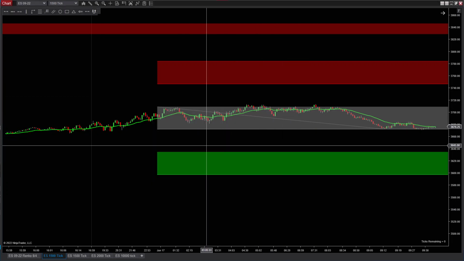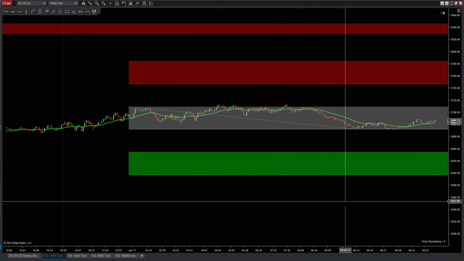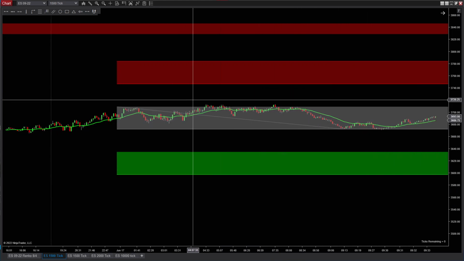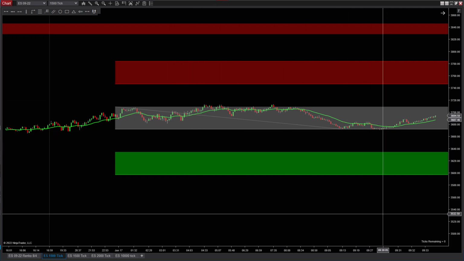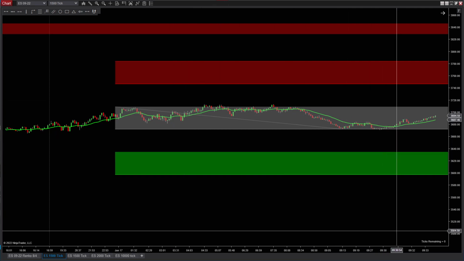I do have my areas now, so the majority of the contracts are in this area here. So the market opened at 9:30.